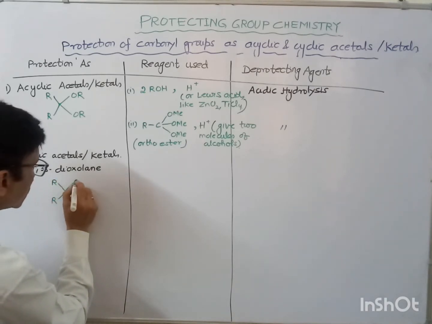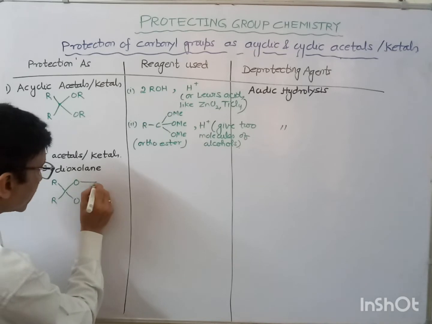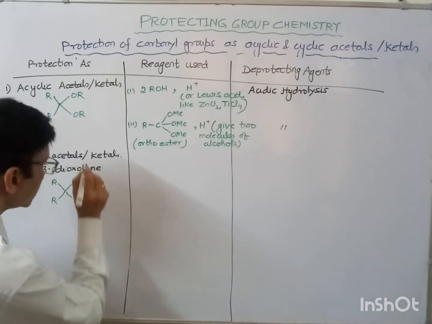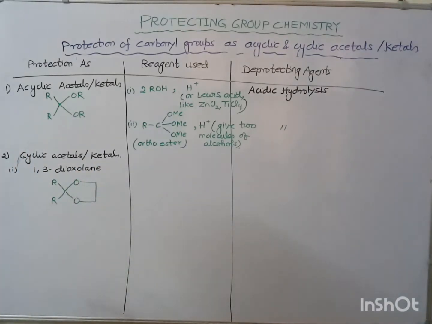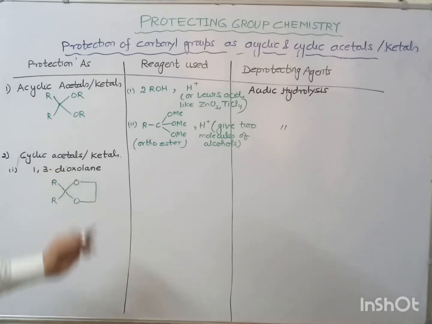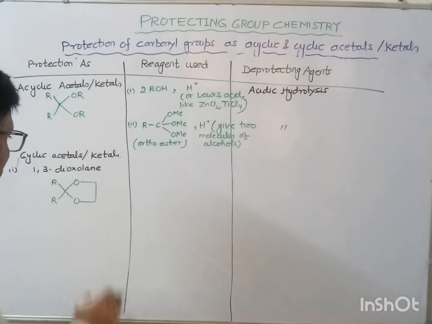So this is our 1,3-dioxolane, a 5-membered cyclic acetal. And how can we get it?